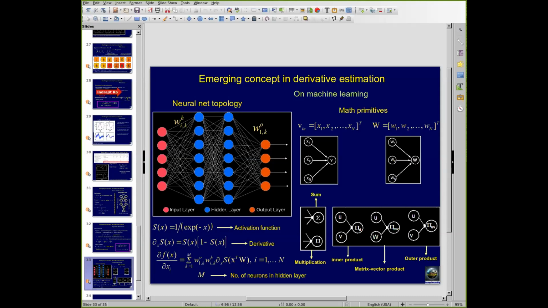And for the network to be trained, you have to choose some optimization routine. These are the diagrammatic presentations of how the neuron works, with sigma for summation and pi for product, and there is one input, another input, and then it comes into the next neurons, and that's the way it goes.